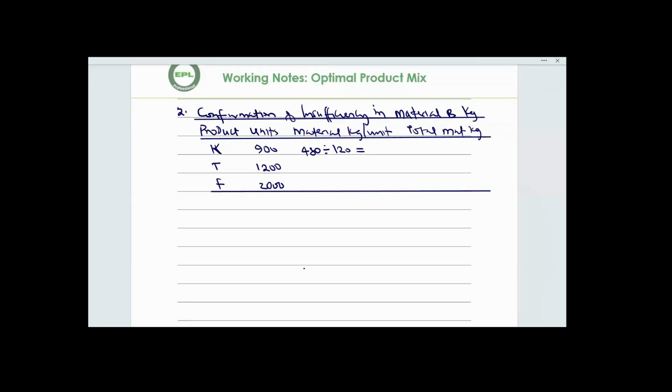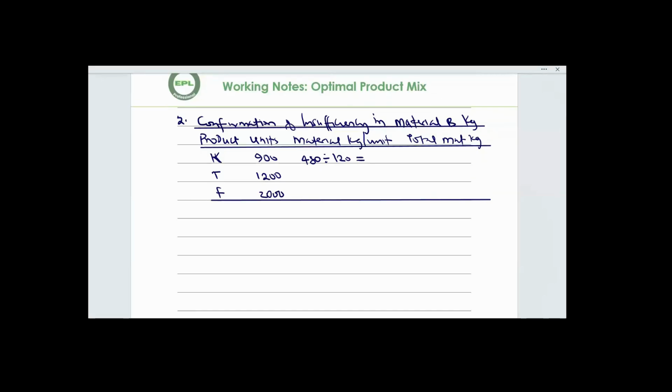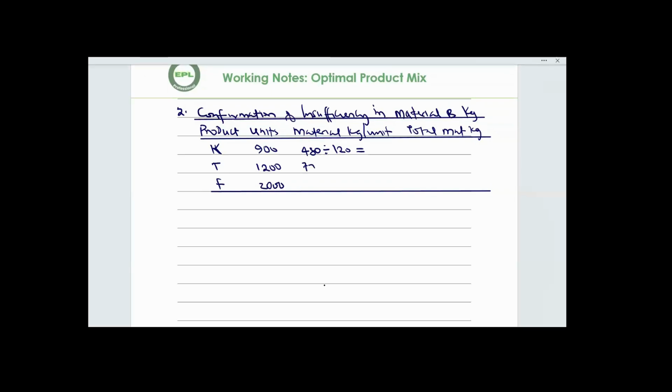Then I think the second one is 600. Let me check. 720, then 600. Here is 720 divided by 120.